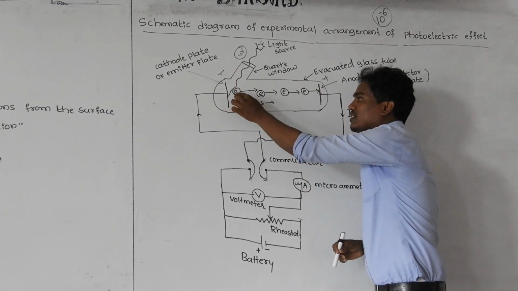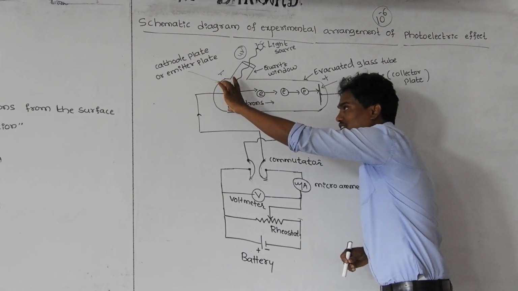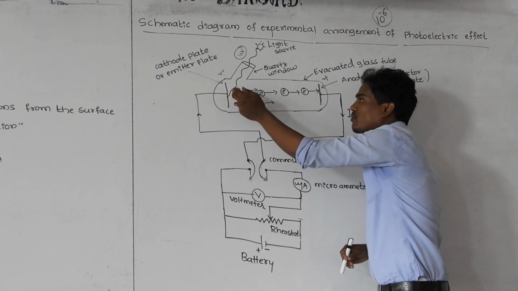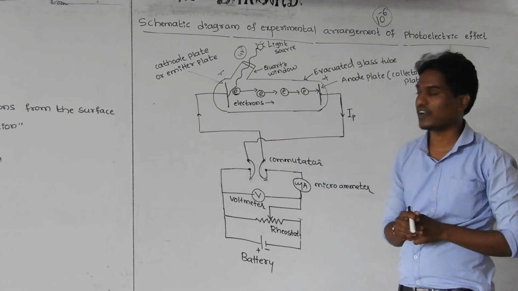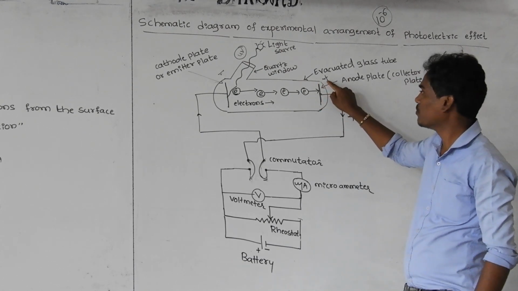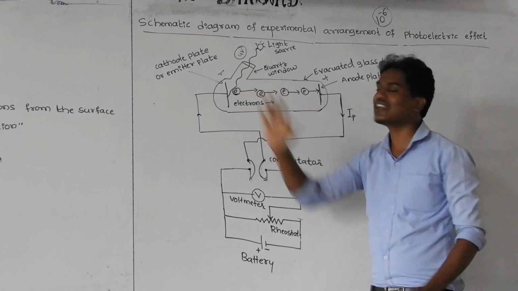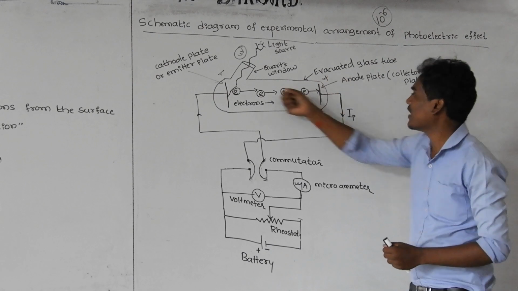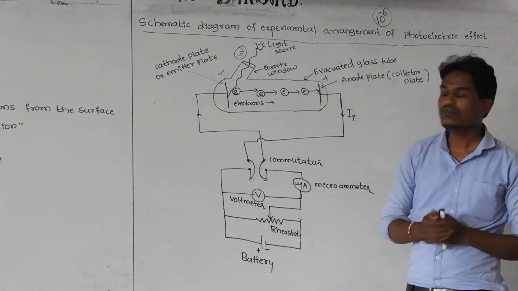That's why this electron experiences the electrostatic force of repulsion from the negative potential, and of course it is moving from the emitter plate towards what? That is the collector plate. The potential of this plate becomes positive, which means it is not repelling the electron. This plate is attracting the electron and that plate is repelling the electron.